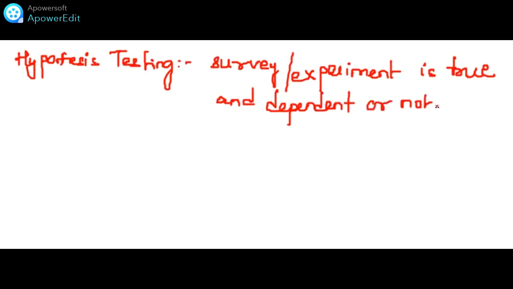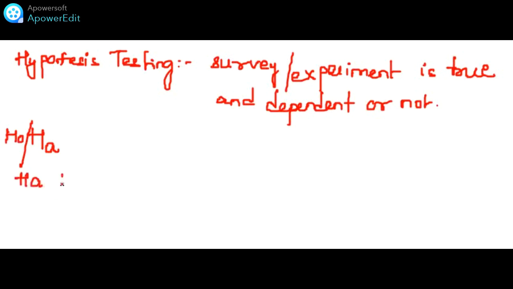There is one hypothesis and then there is an alternate hypothesis. So two hypothesis terms are there: one is the null hypothesis and another is the alternate hypothesis. What is the alternate hypothesis?